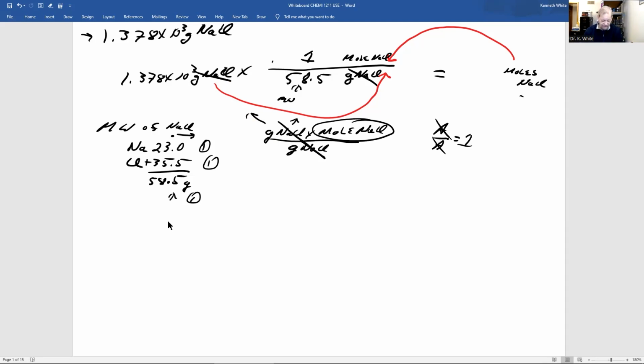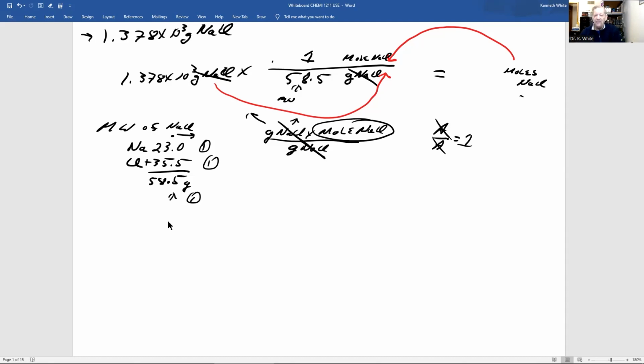I will. Turn it on, clear it. .378, blue key double E to get the exponential. 3 times, or whoops, not times, divided by 58.5.